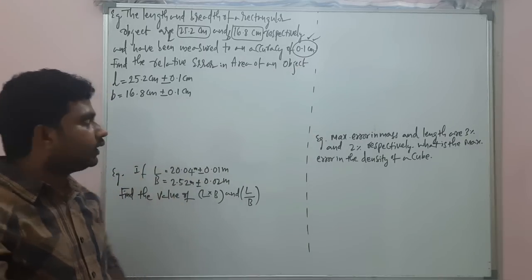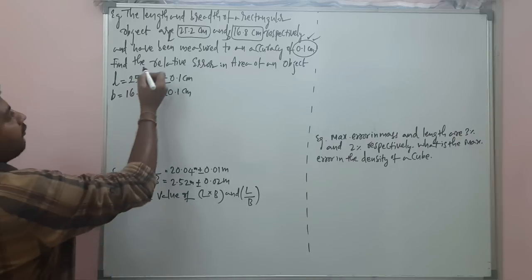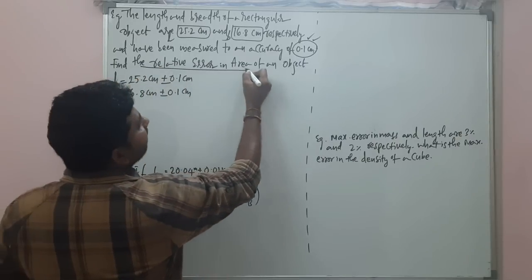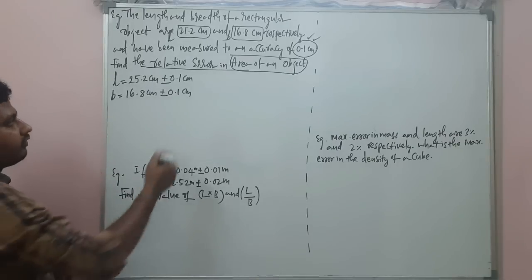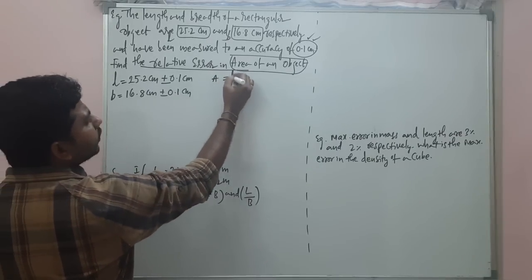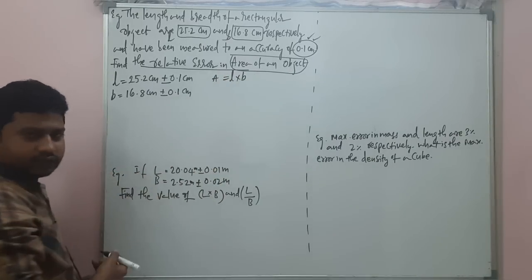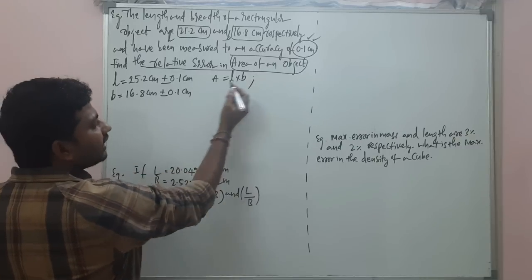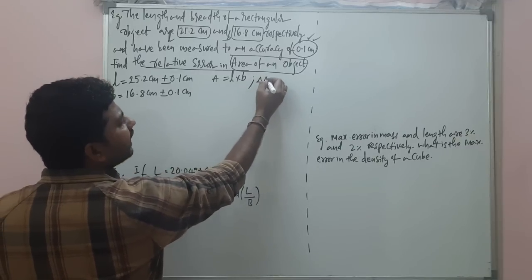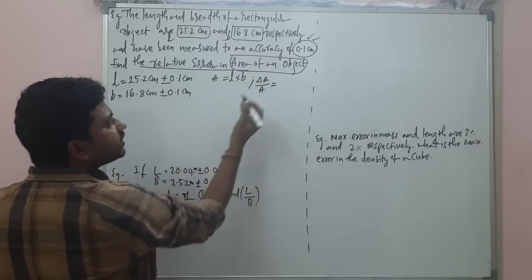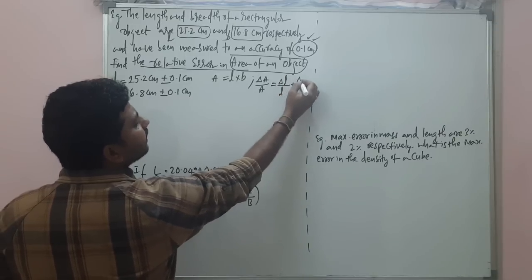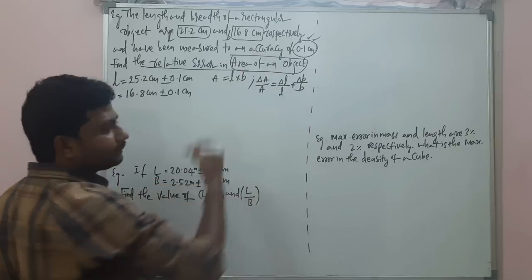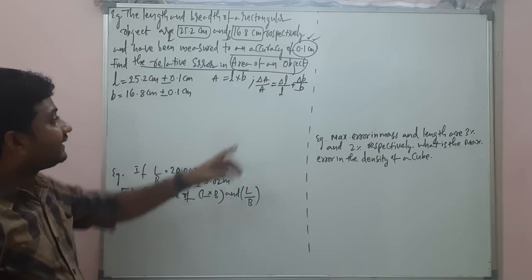Now the question is, find the relative error in the area of the object. We know the area is equal to length into breadth. From here, relative error in A will be delta A by A, which is equal to delta L by L plus delta B by B. Why is it like this?